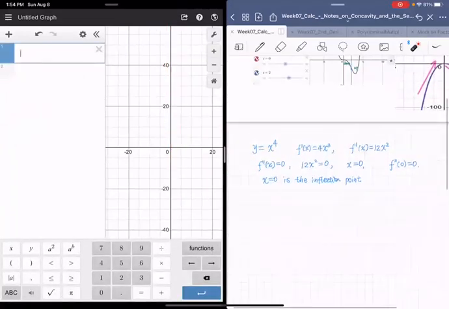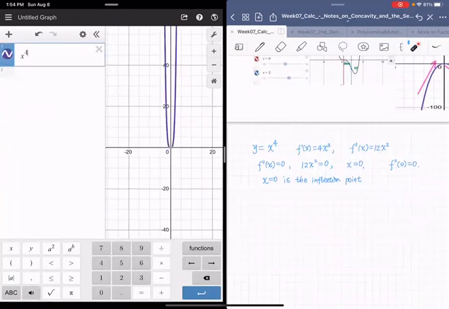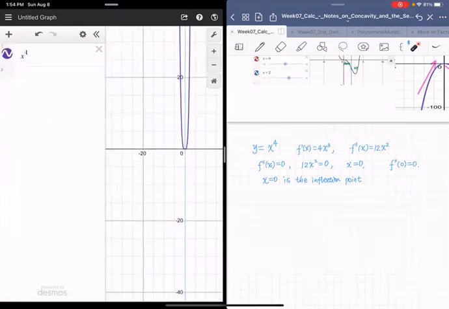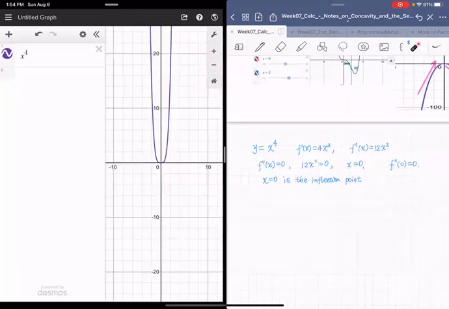Your original function is x to the power of 4. Okay, yes. Look at this. At this position, your graph is always curving up. It is not changing from curving up to curving down or concaving down to concaving up.